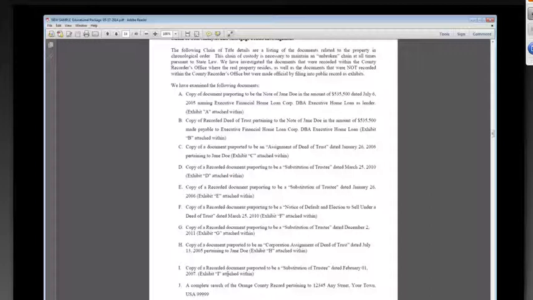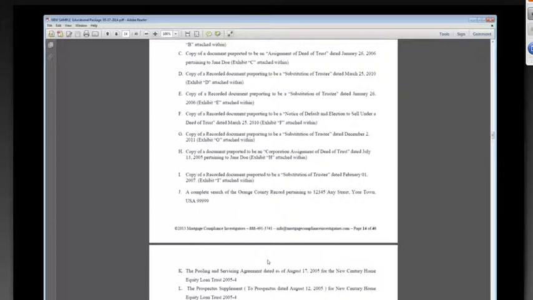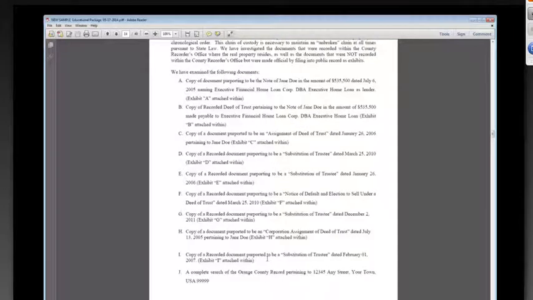This information is then backed up by a factual affidavit. So I talk about the documents that I've looked at, and I state all the documents that I'm looking at. Depending on your case, in some instances that's all I have to work with. Other times I have a note, a mortgage, 4 assignments.